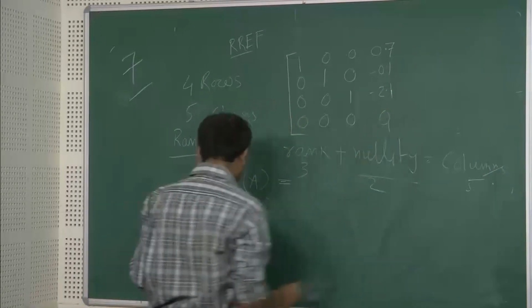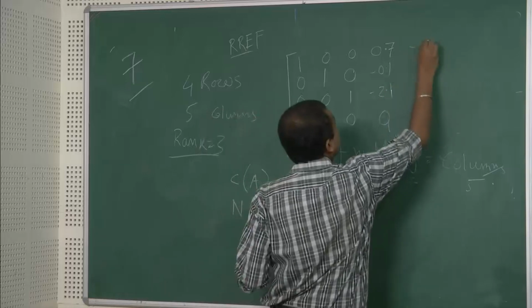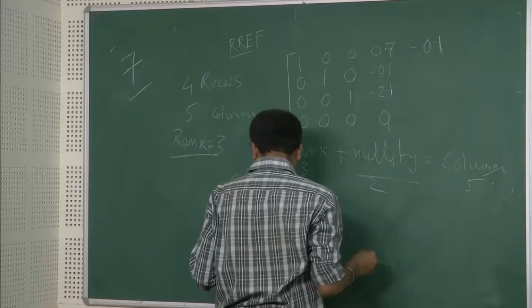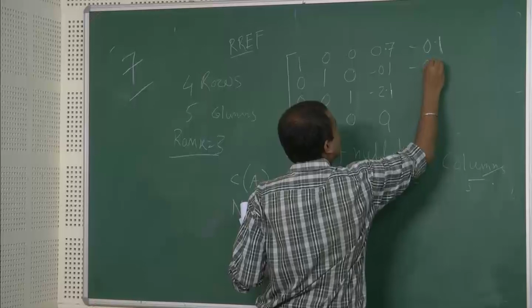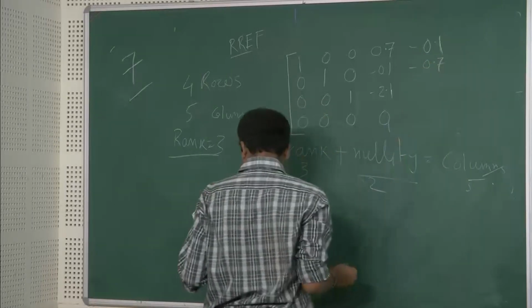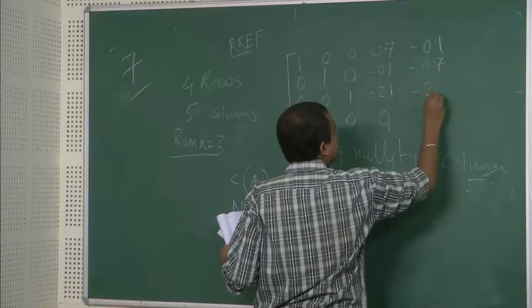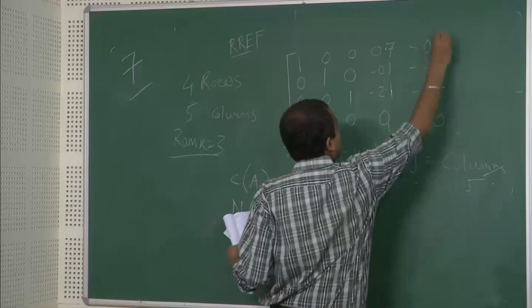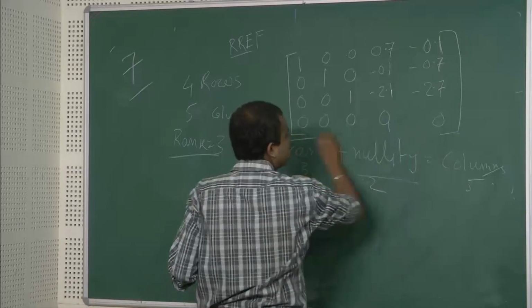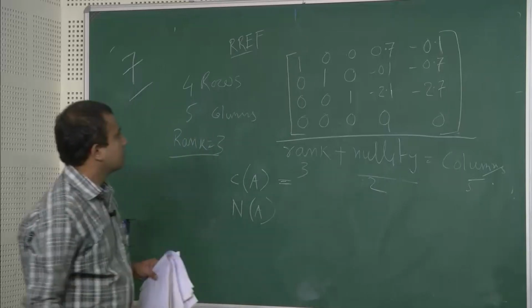0 and negative 0.1, negative 0.7, negative 2.7, 0. So, something like that.